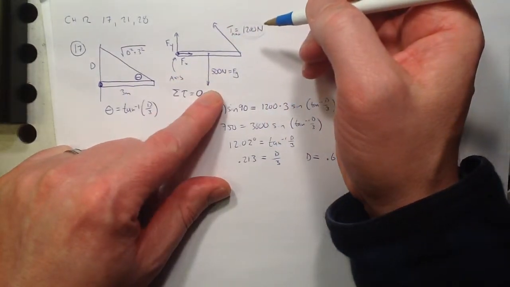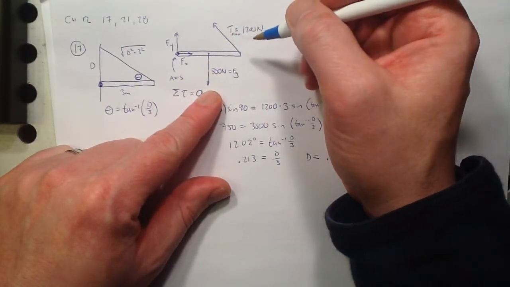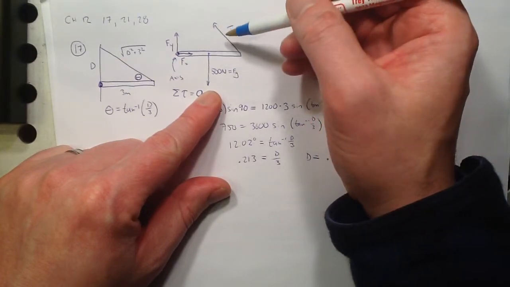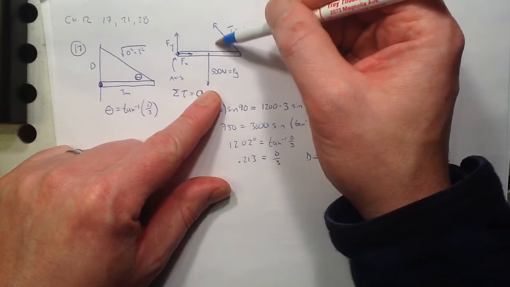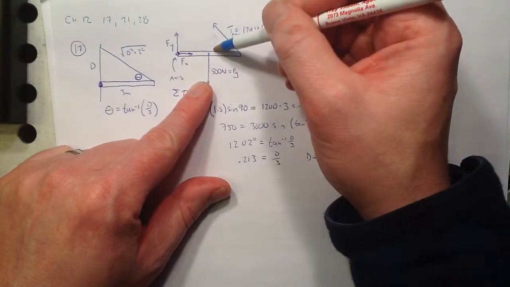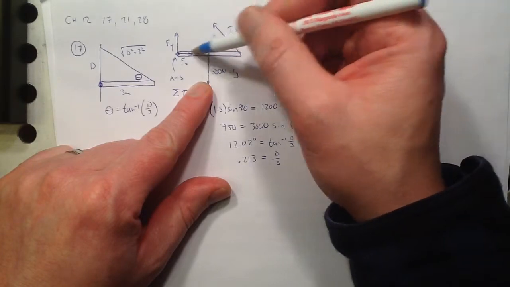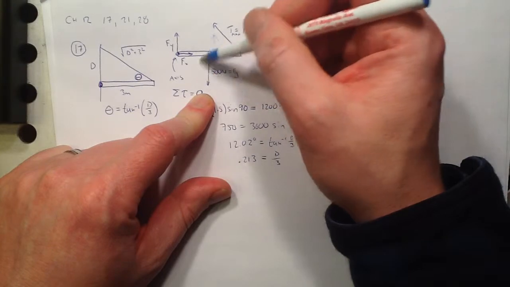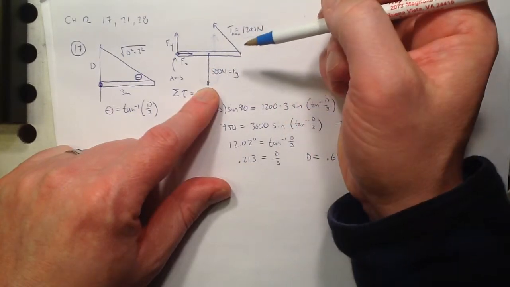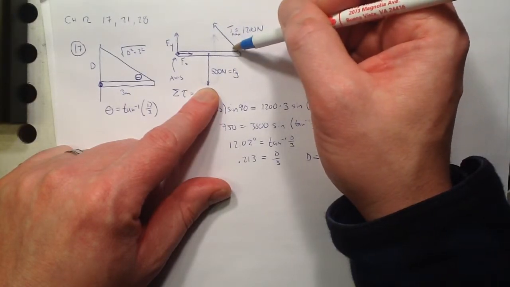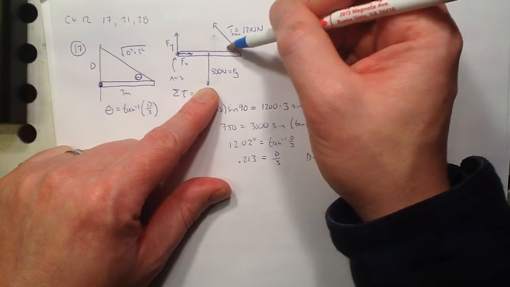If we want to prevent this from snapping, we can't have any more vertical force. We can have more horizontal, but there's this much here. So what we need to do is increase this angle here, right?